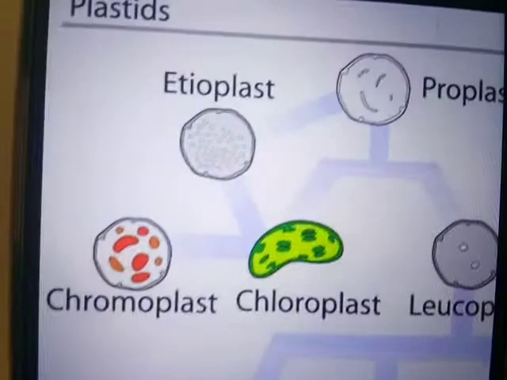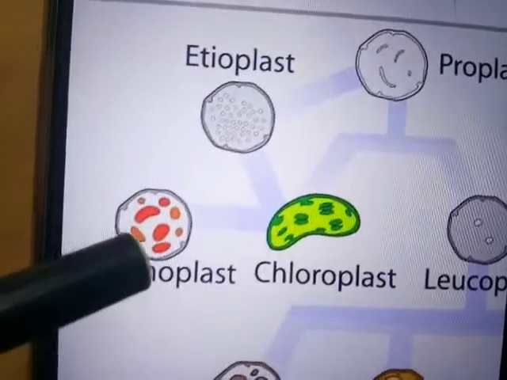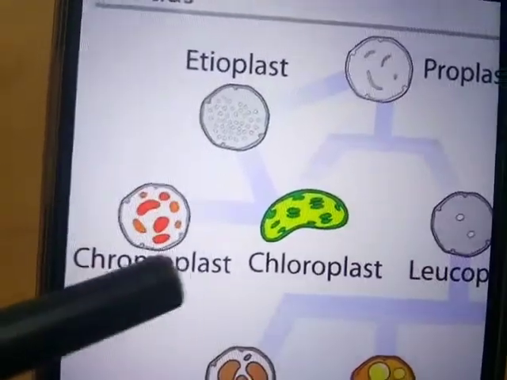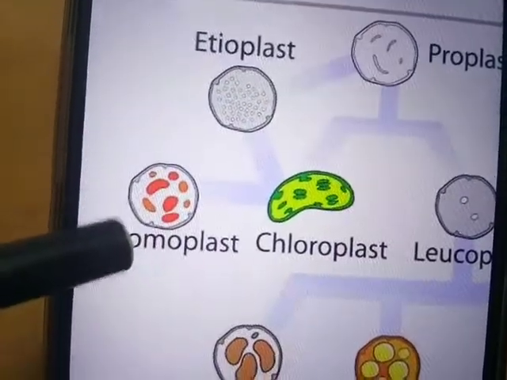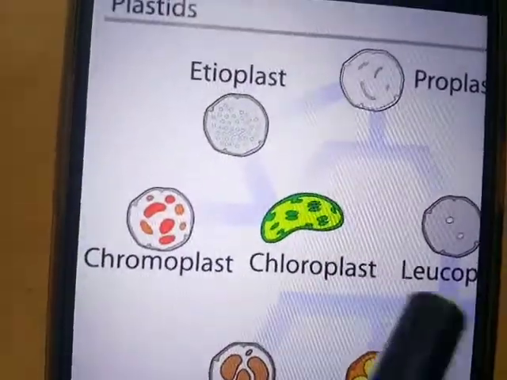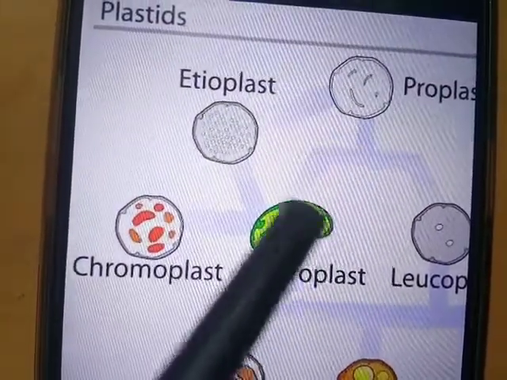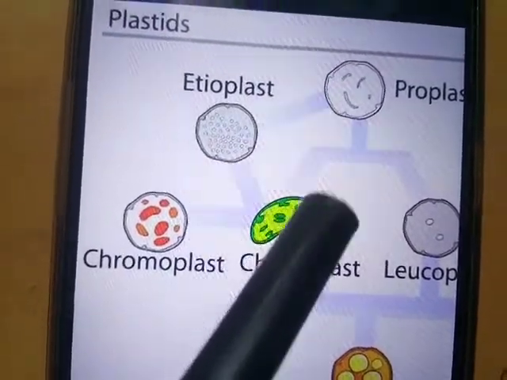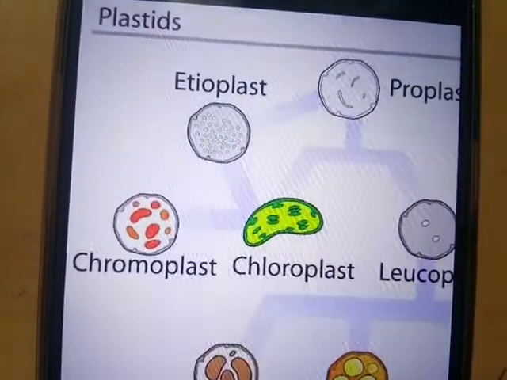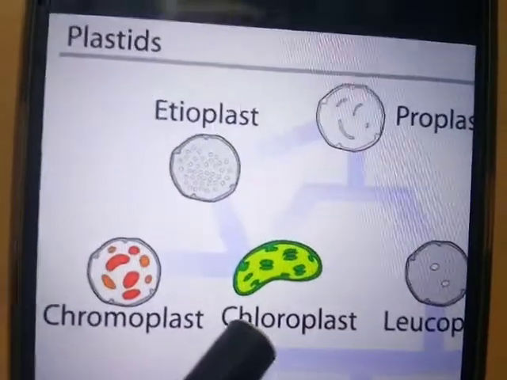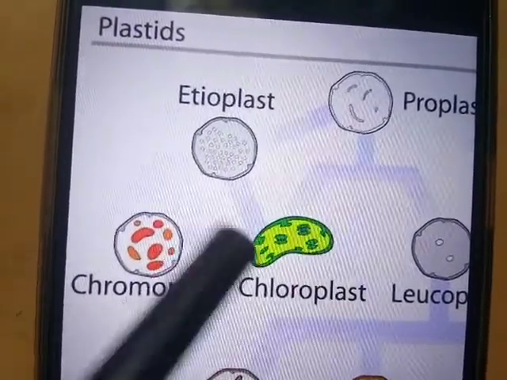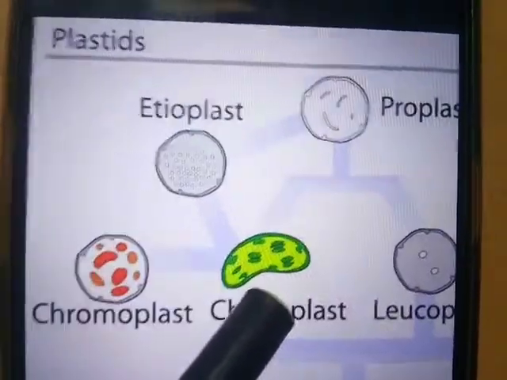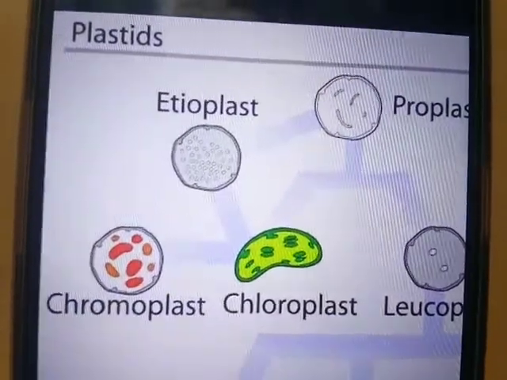So this chromoplast, as it is a colored plastid, provides the color to the fruits and flowers. Whereas the chloroplast is responsible for the green color of the leaves, stems, branches, etc. Now we are going to learn about the chloroplast, which is the major cell organelle of our plant cell.